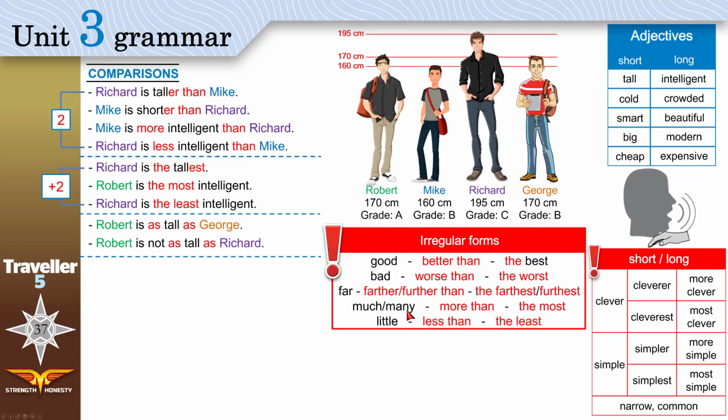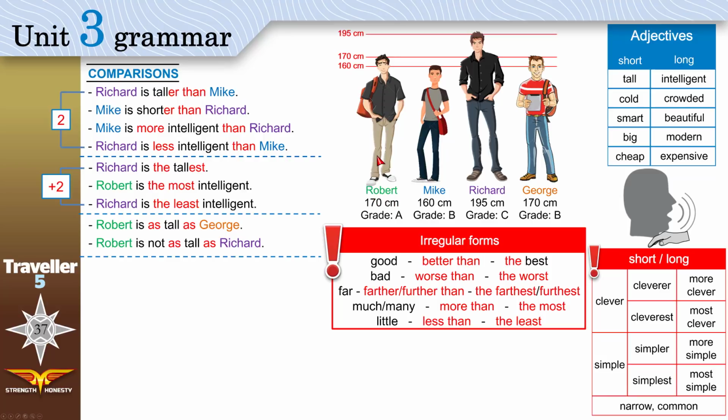Much and many. Much is used with uncountable nouns. Many is used with countable nouns. Let me give you an example. Let's use book to compare between these students. Book is not an adjective, right? So you can't say Robert is booker than Richard. That is incorrect. So what do you say? Book is a countable noun. You say more books than.